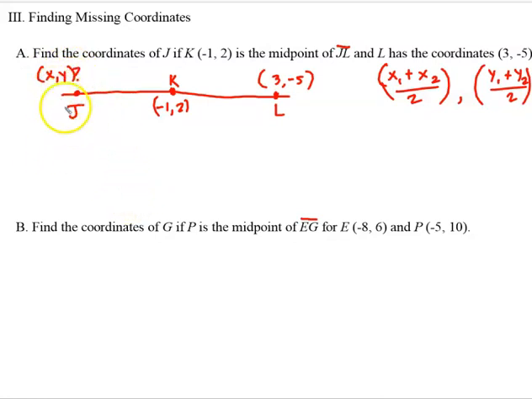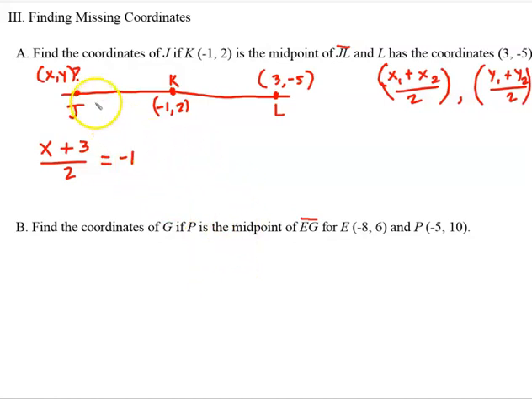So we could set up this formula as the x-coordinate of J added to the x-coordinate of L, and divide that by 2. And we know that when we do that, we're going to get the x-coordinate of -1 because they gave us the coordinates of the midpoint.